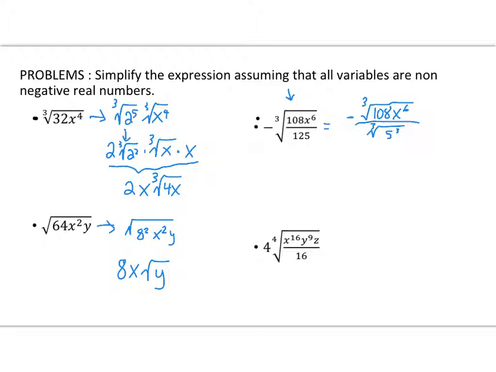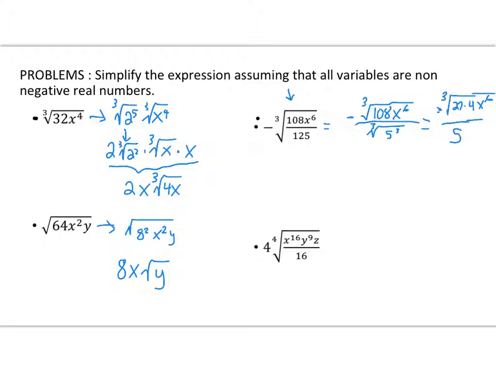You'll notice immediately the bottom one just becomes 5, but now the top, in this particular case, I think I have 27 times 4, so I have the negative cube root of 27 times 4 times x to the sixth.